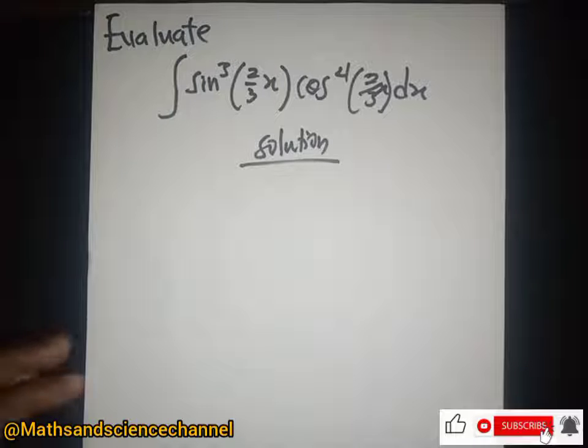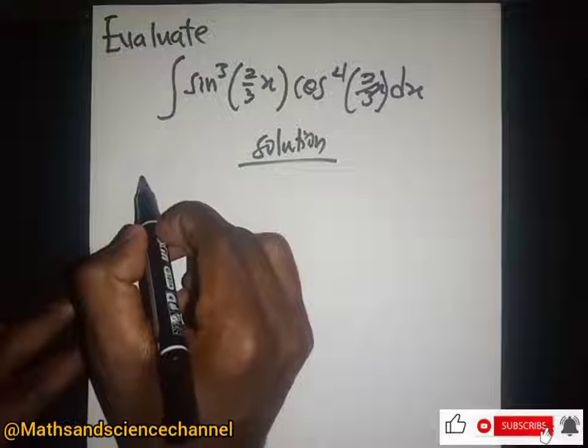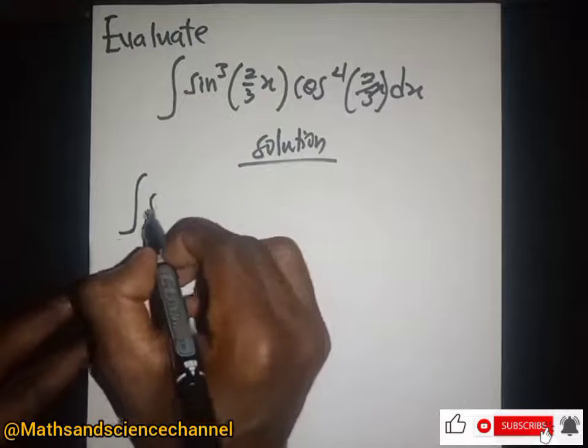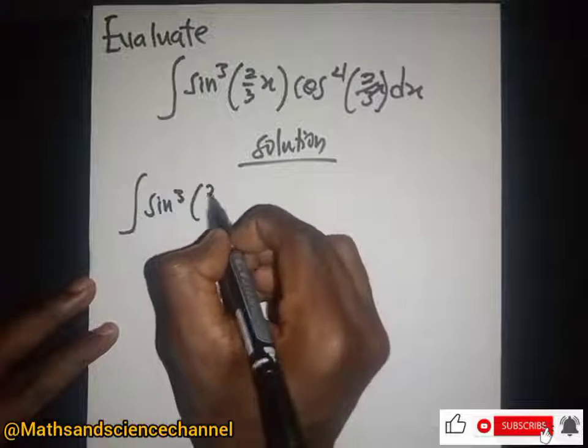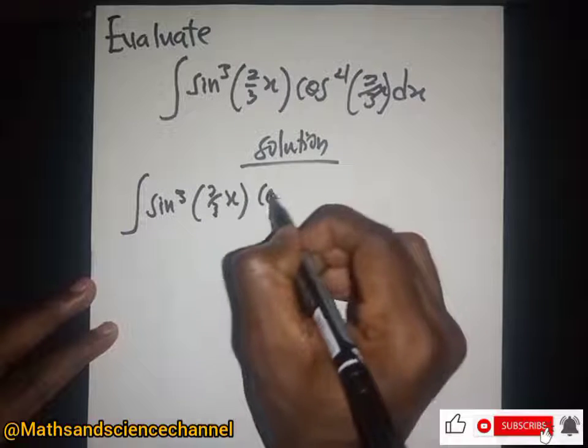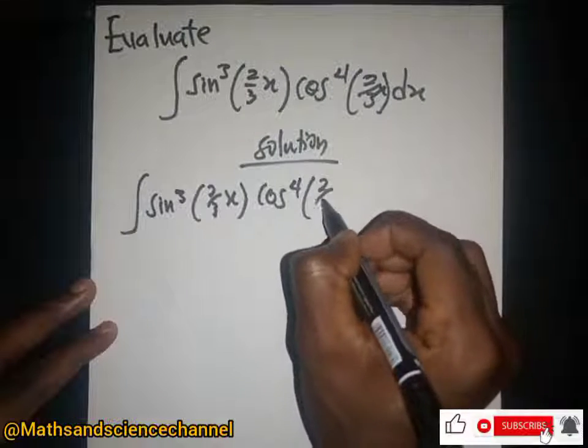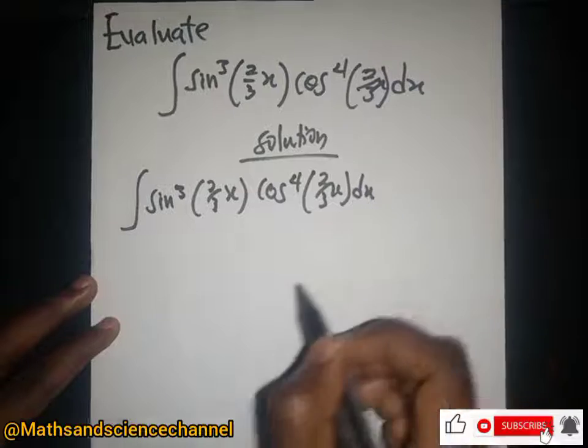What I mean is, if you have sine cubed of 2/3 x, cos to the power 4 of 2/3 x, dx.